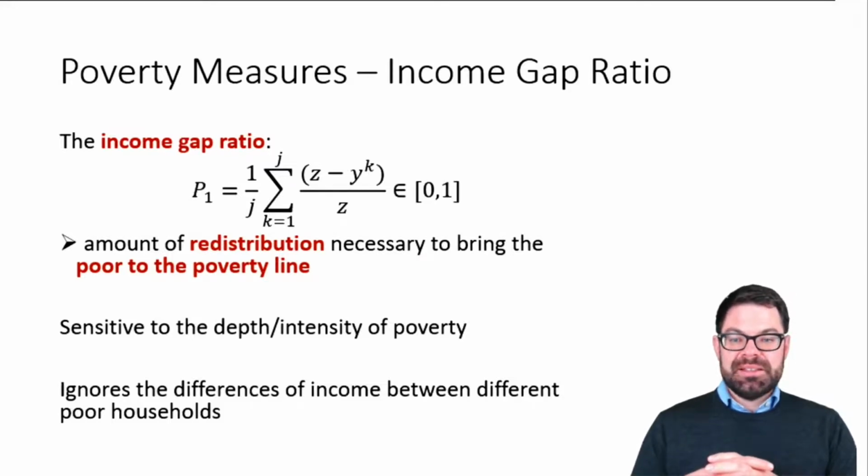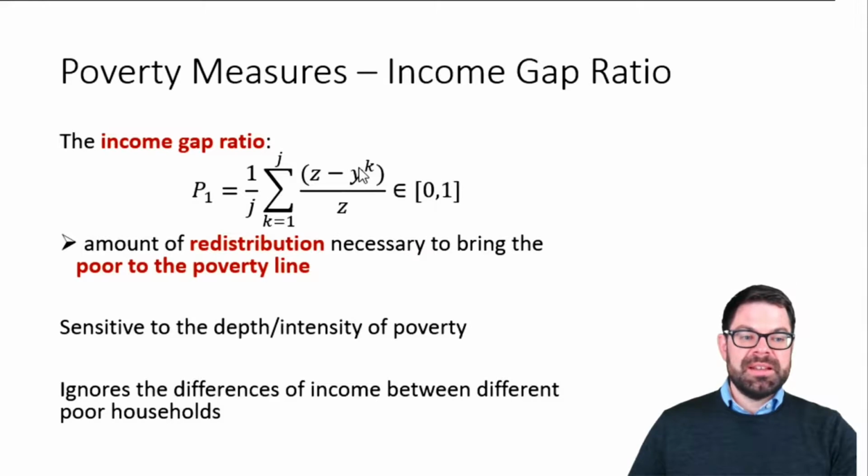So that has a huge advantage, right? Because you can see this here. If everyone is very close to the poverty line, so the gap here is very small, you have an index that is close to 0.